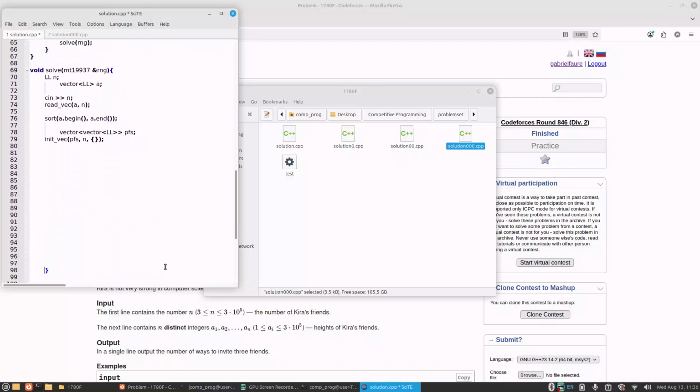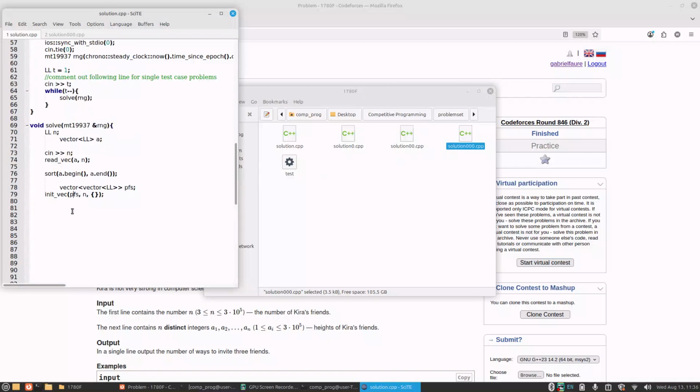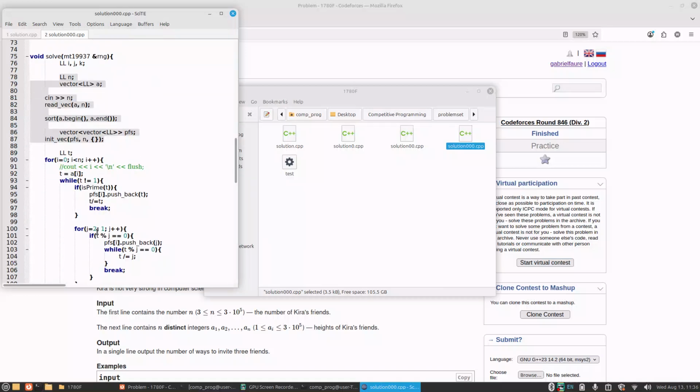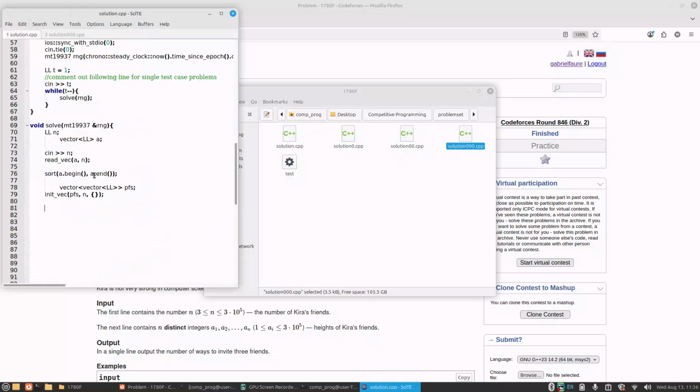Let's give myself some more space. Actually, do I even want to do this? I think. Yeah. Yep, so this is prime factors.